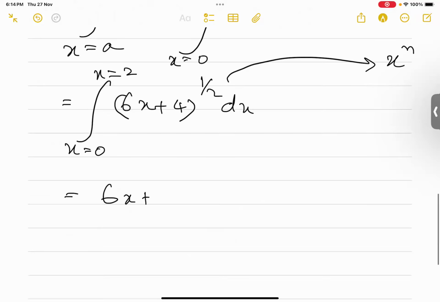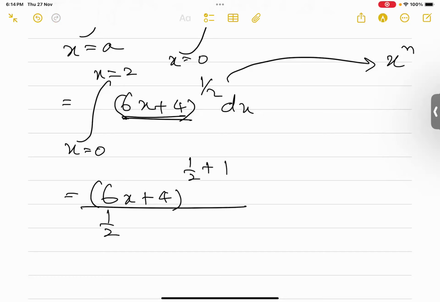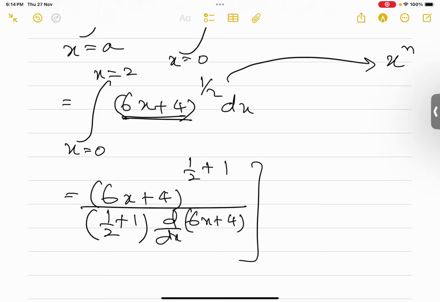So if x is 6x plus 4, this 6x plus 4 should be LAT, linear algebraic term, because the power of x is 1 over here. Then half plus 1 upon half plus 1, times the derivative of 6x plus 4, with limits 0 and 2.